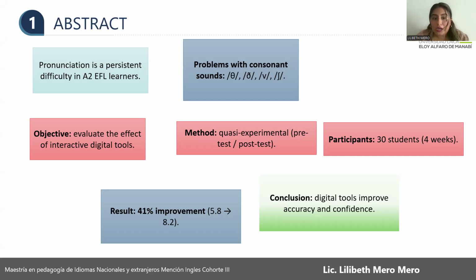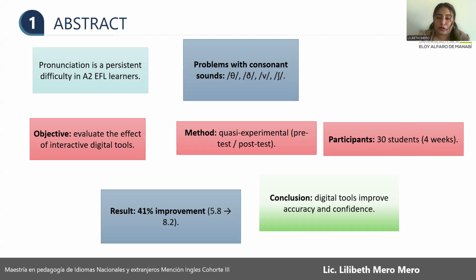We have the symbol number three, as in "very". The sound is produced by placing the upper teeth and the lower lip, letting the air out with vibration. It is important to practice this sound because many students confuse it with the V sound.